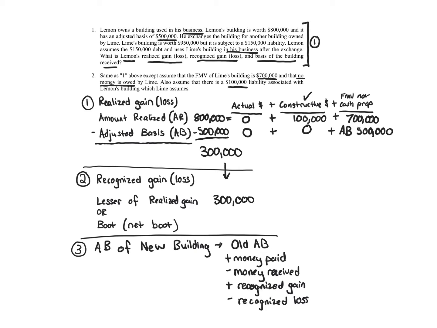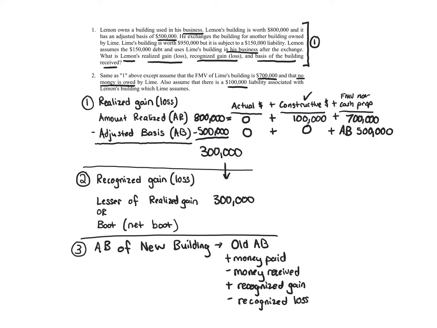Or the net boot. Now, let me explain net boot idea. And we'll see this in problem 3 and problem 4 and problem 5 in more depth about netting boot. We're going to have to do that. But net boot simply means if you have boot received and boot paid, you might be able to offset one another to lower the amount of boot.